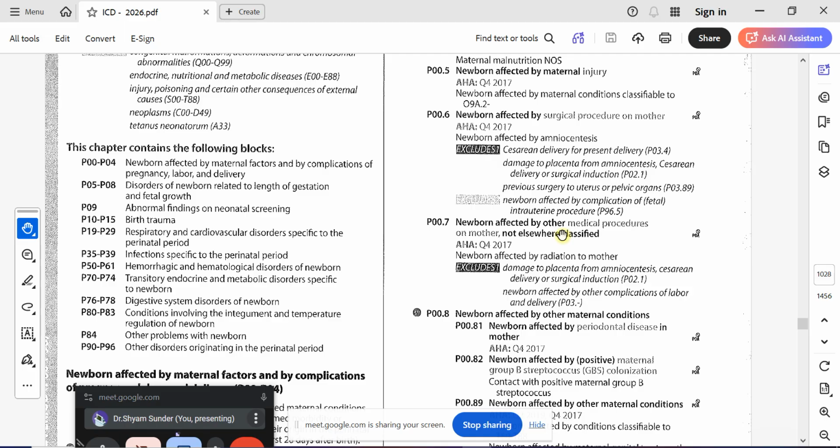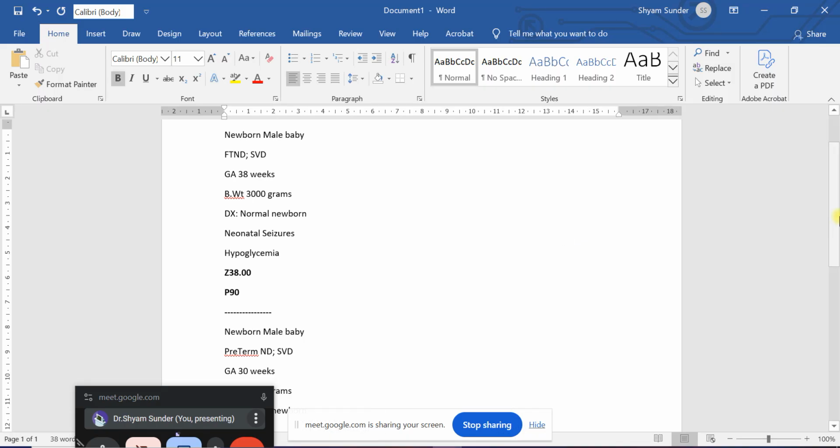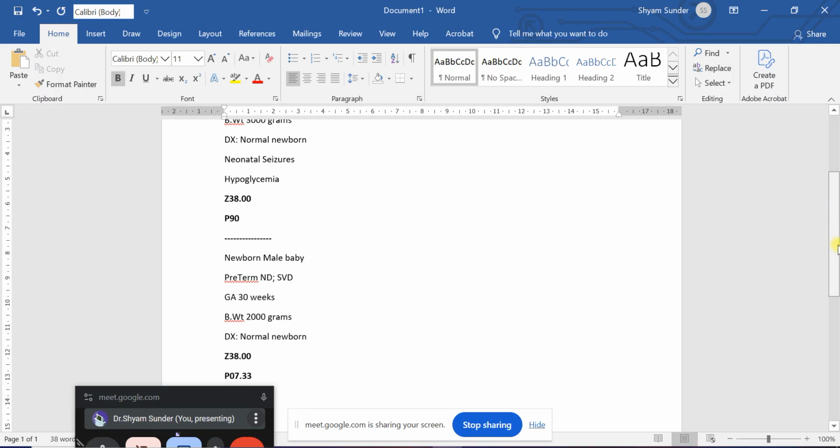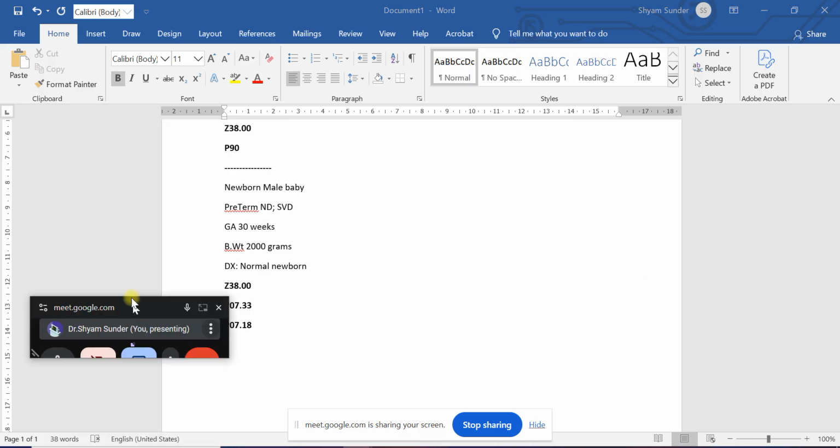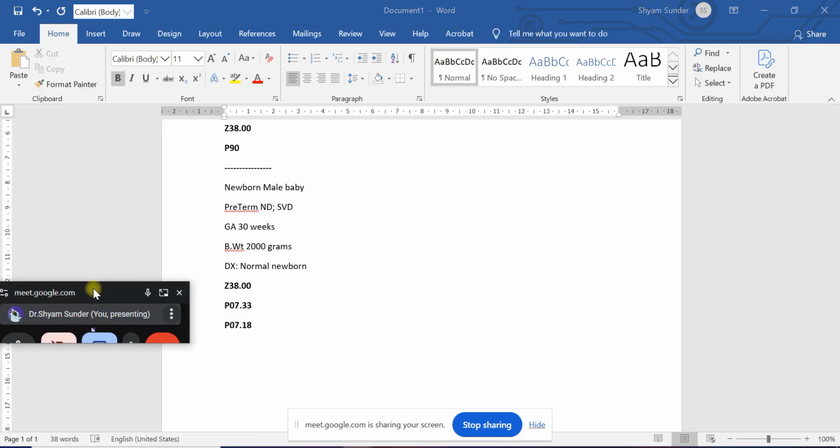So these are the important conditions. We have practice questions related to newborn babies. If you remember these guidelines, you'll be able to successfully code all the conditions. The other common condition during the perinatal period is respiratory distress. Some babies are born with respiratory distress, like their respiratory rate is beyond normal.